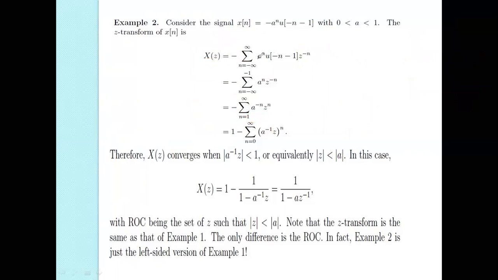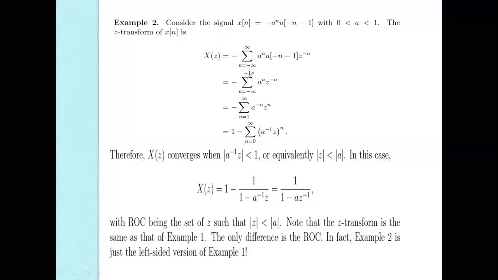See here the same thing: they also did x of z equal to minus the sum from n = minus infinity of a^n mu of minus n minus 1 z^(-n). Taking the limits from minus infinity to minus 1, replacing mu of minus n minus 1 by 1, we get a^n z^(-n), and the minus is already there.